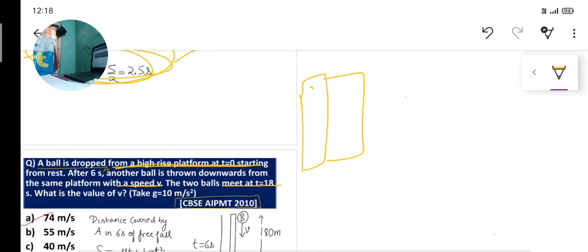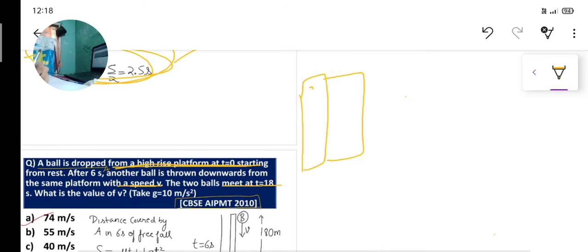Now, the distance covered: after 6 seconds another ball is thrown downwards, so we have to find the distance covered by a in 6 seconds.